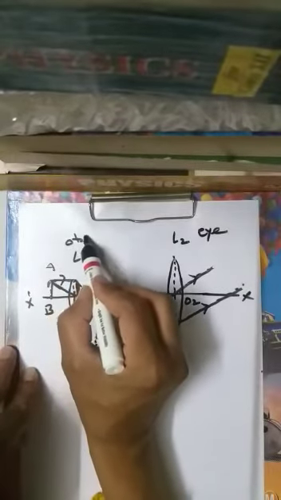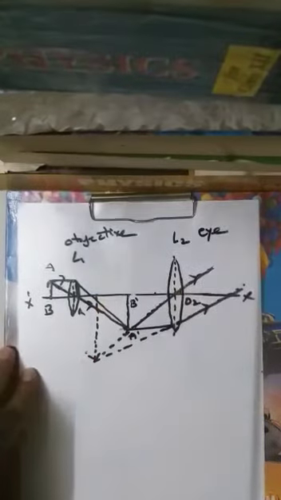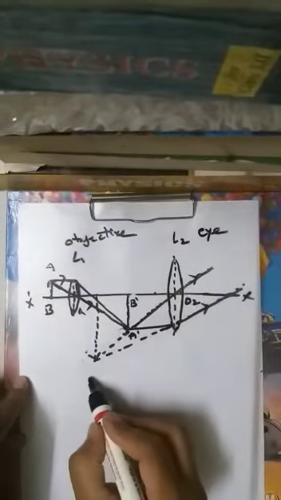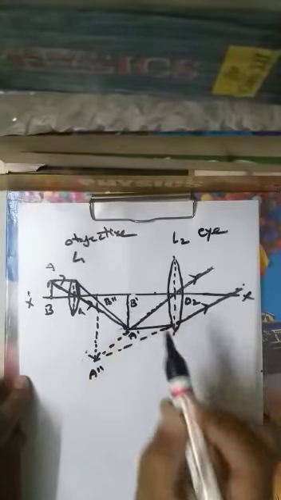This is the eye lens, this is the objective lens. When we meet these rays in the backward direction, then the final image A dash B double dash forms.